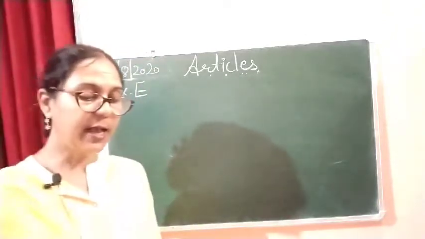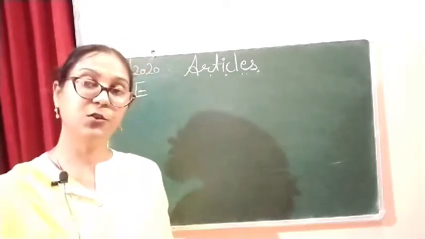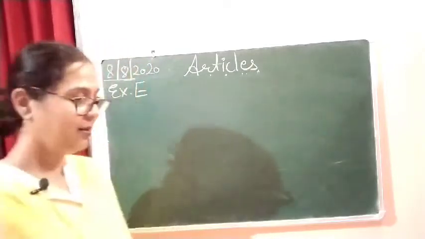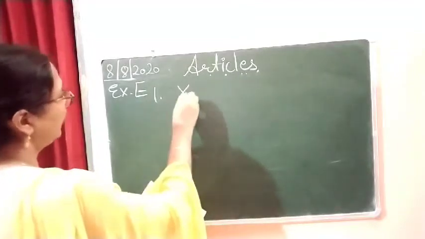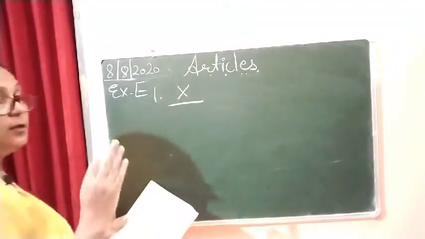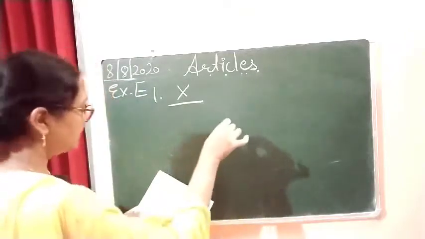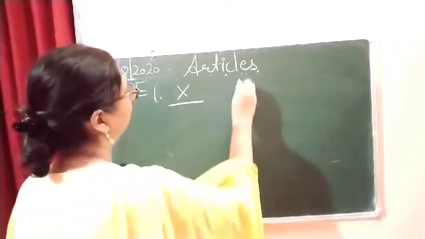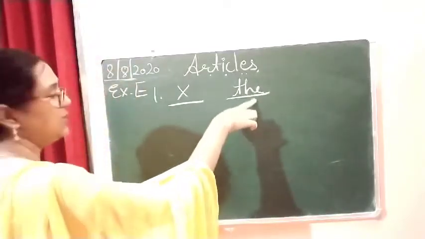I learned dash French in dash school. So here we are going to put a cross over there. I learned French in school, there is no requirement to write any article.